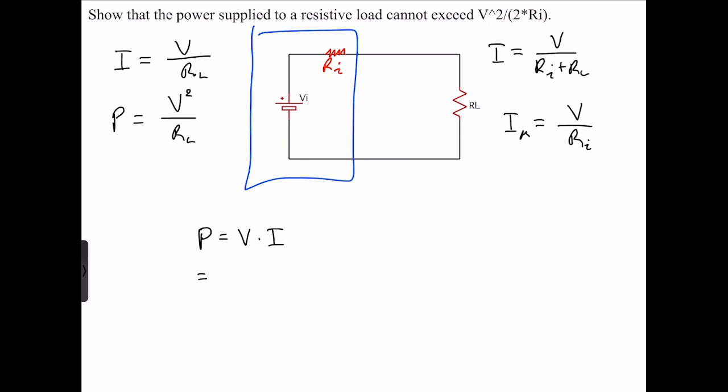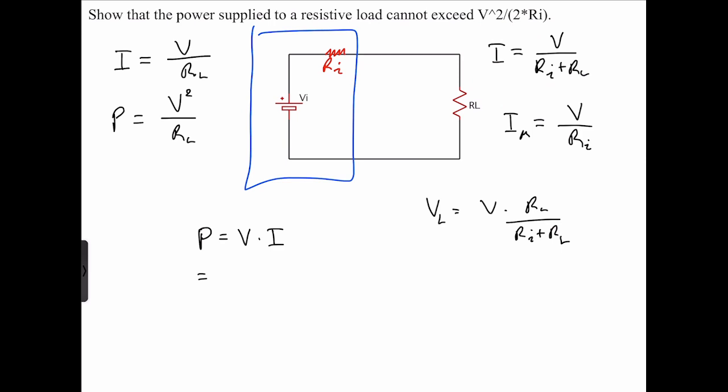However, the voltage across the load, which is VL, is equal to the current through the resistor times the resistance of the load. So that would be I times RL, which is V times RL divided by Ri plus RL.